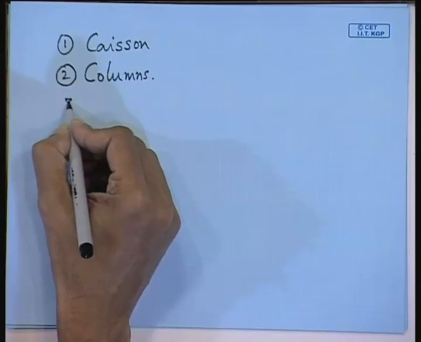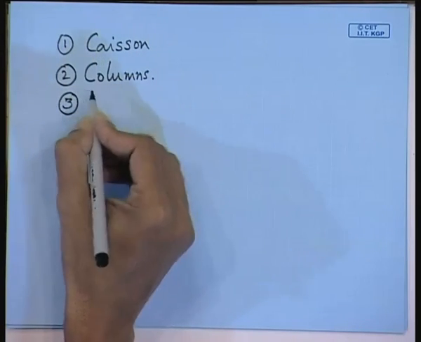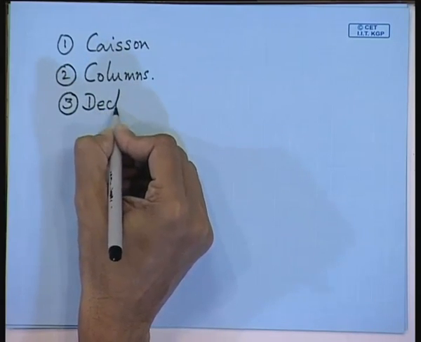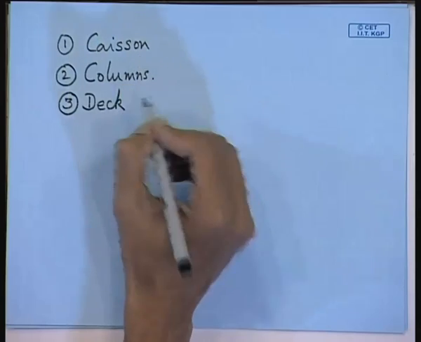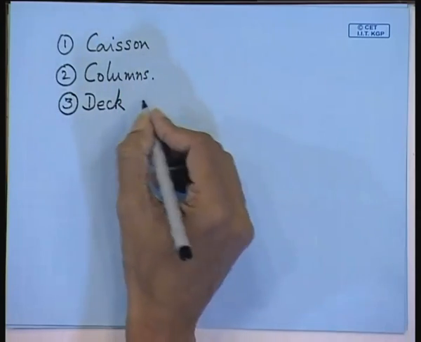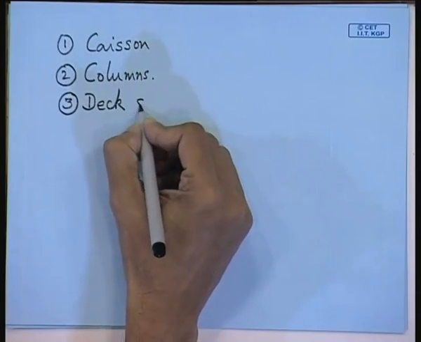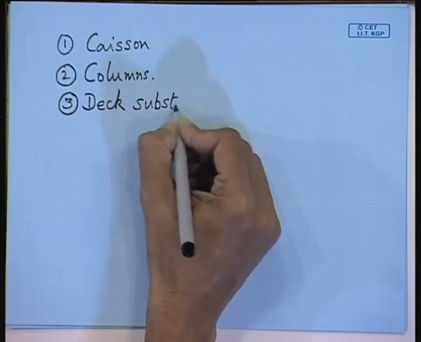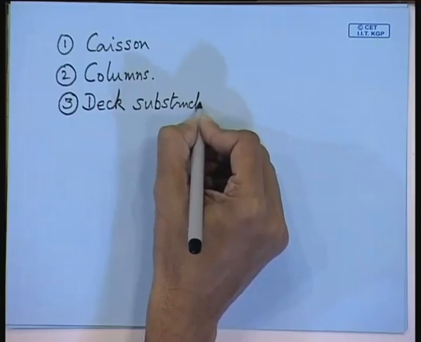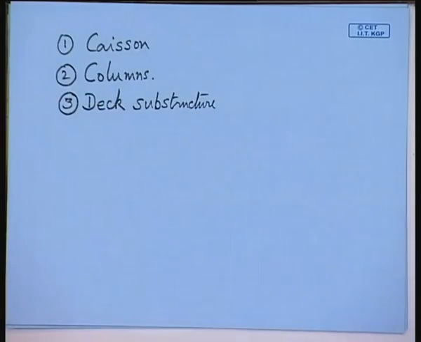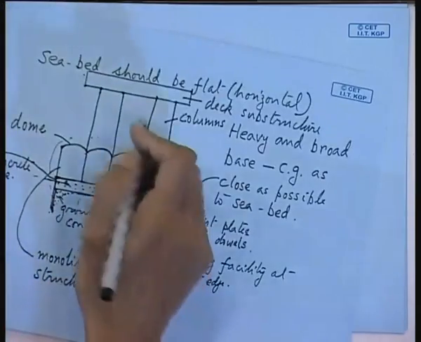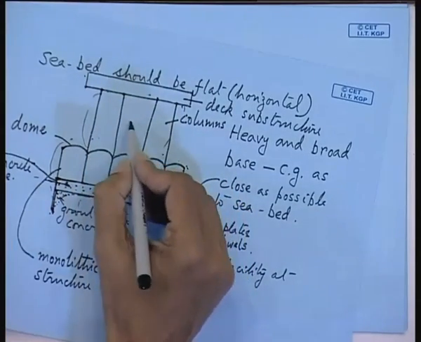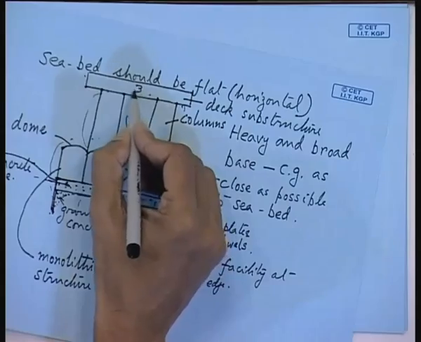The third one is your deck. So the structure actually consists mainly of these three parts: caisson, columns, and deck, or you can write this as a deck substructure. The main structure consists of these three components.